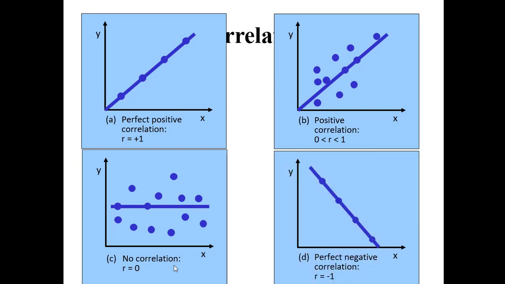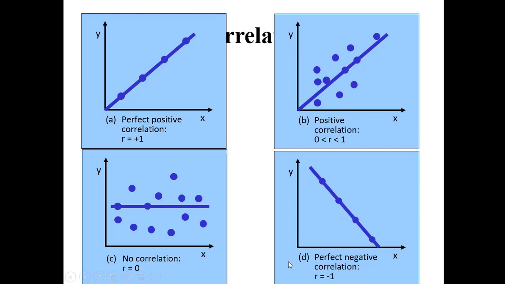Another case is perfect negative correlation. Perfect negative correlation value will be equal to minus 1. That is why I told you before that the correlation value will always be between plus 1 and minus 1. When it is plus 1, it will be considered a perfect positive correlation. When it is minus 1, it will be considered a perfect negative correlation.